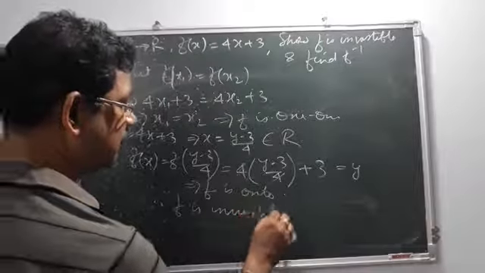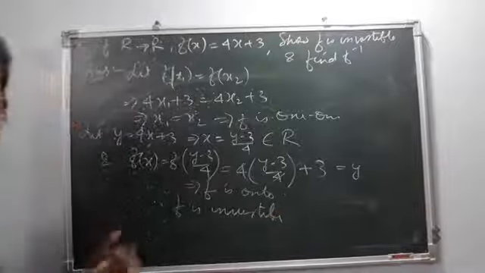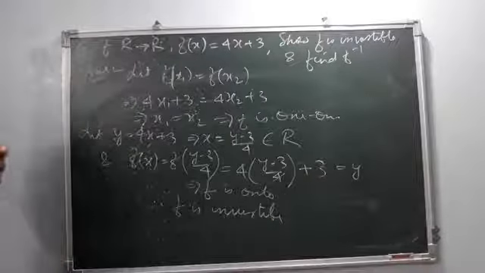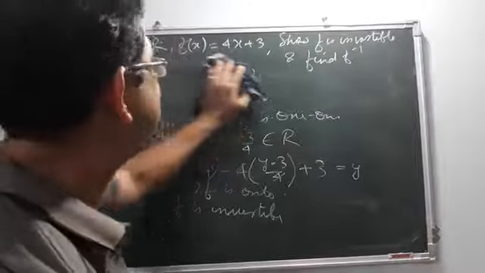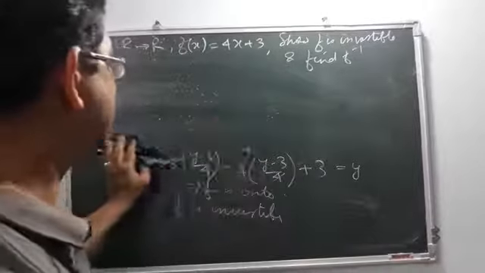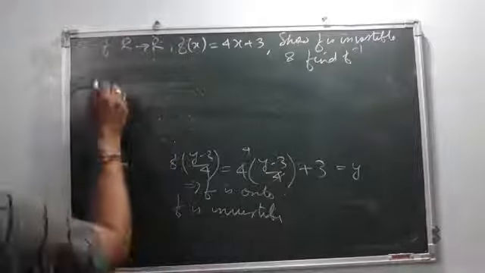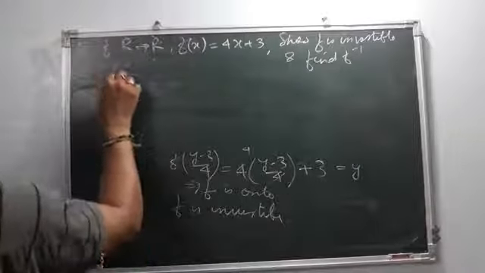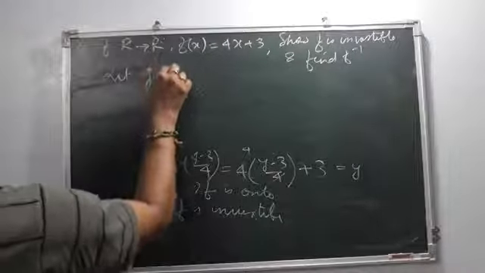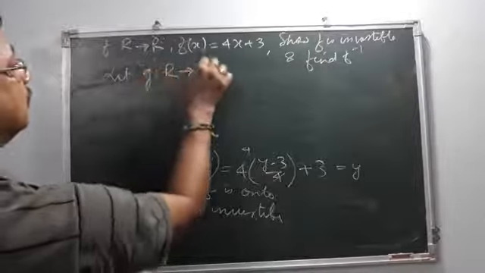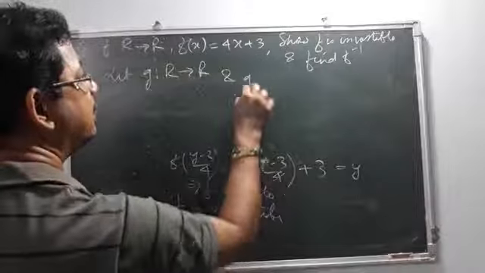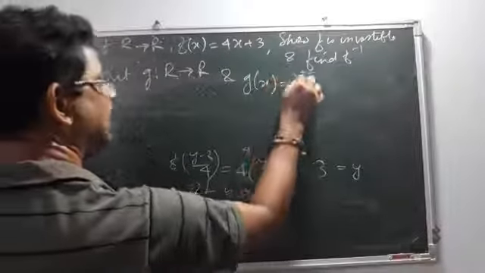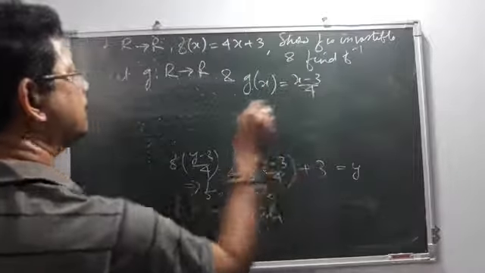That is, we are able to calculate the inverse. Now they say find f inverse. So this part, the invertible one, is finished. Now we are going to calculate the f inverse. Now see, let g be a function from R to R, and from this we get an idea: g(x) is equal to (x minus 3) by 4.